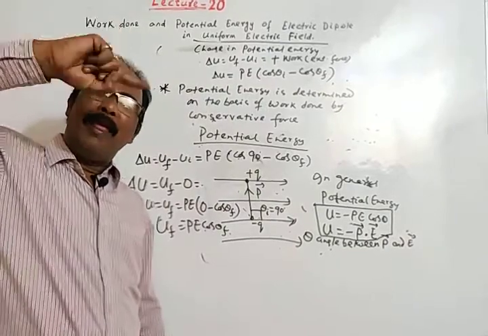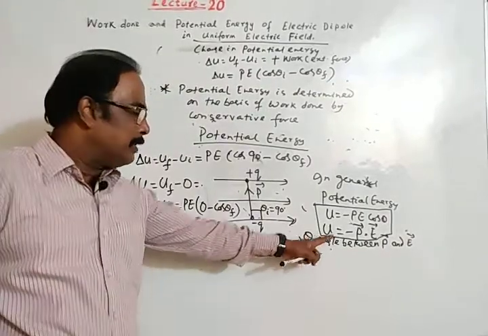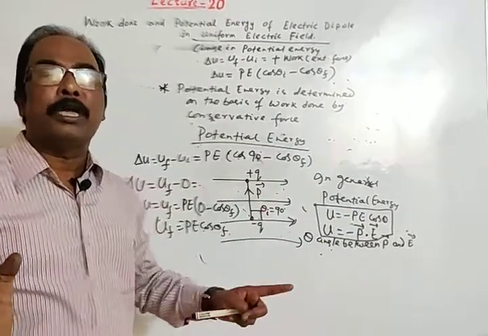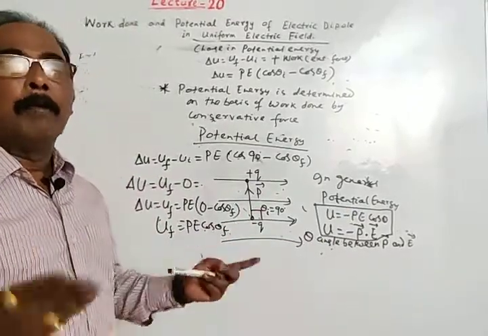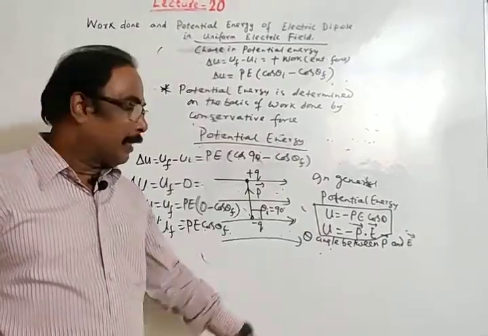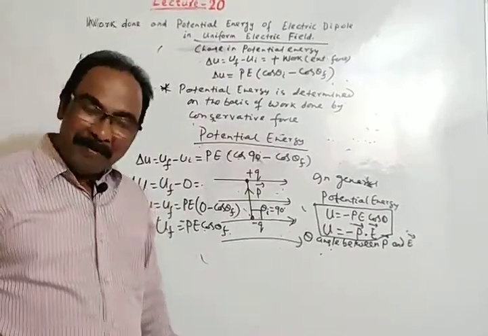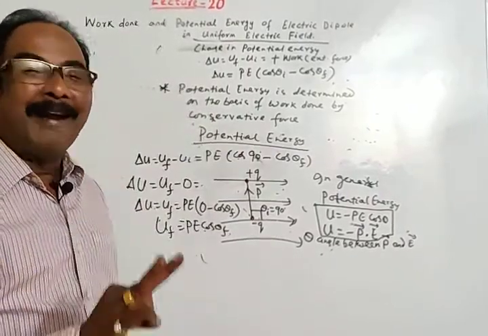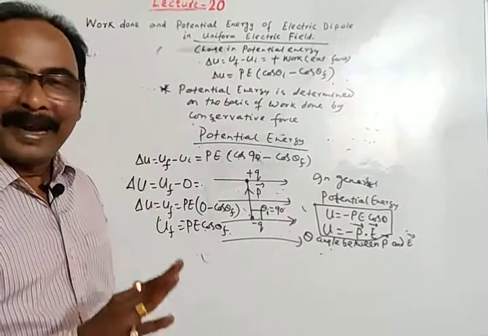For any angle theta, potential energy is minus PE cos theta, where theta is any angle for any position of the dipole. And finally, potential energy is minus the dot product of the dipole moment vector and the electric field vector.